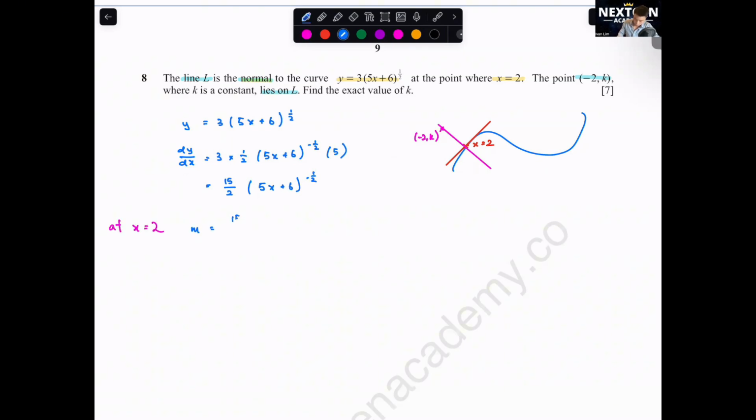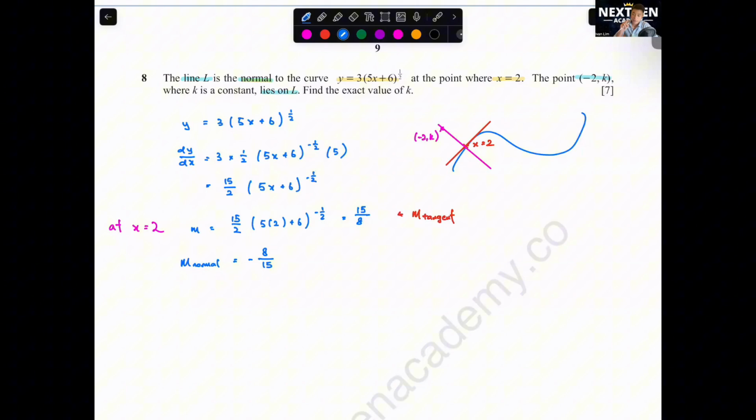M is equal to 15 over 2 times (5 times 2 plus 6) to the power of negative 1 over 2. Just calculate this and you'll get 15 over 8. This is the gradient of the tangent. The gradient of the normal, we negative inverse it, so negative 8 over 15.